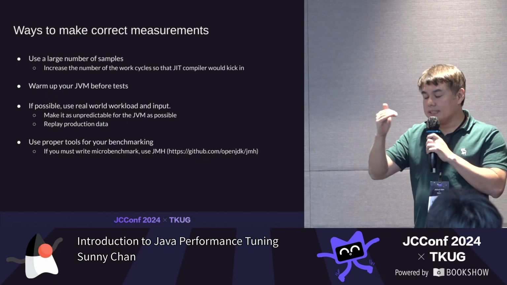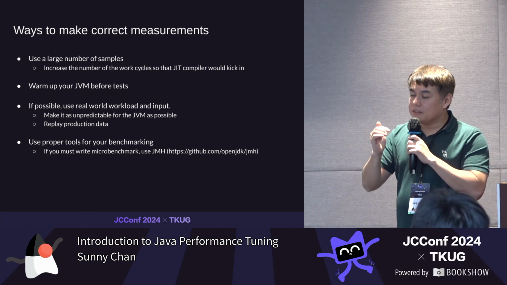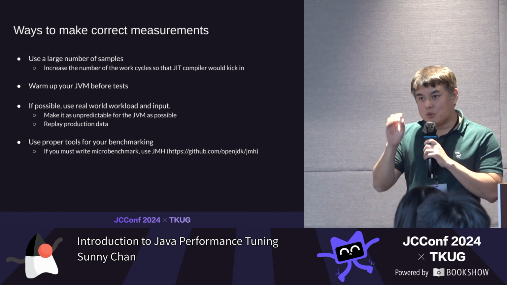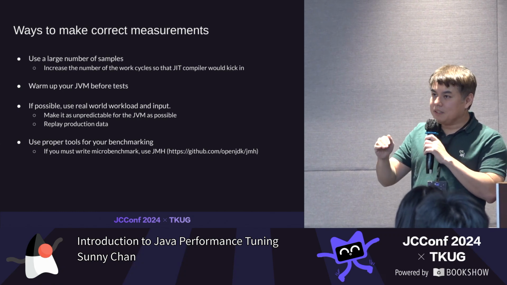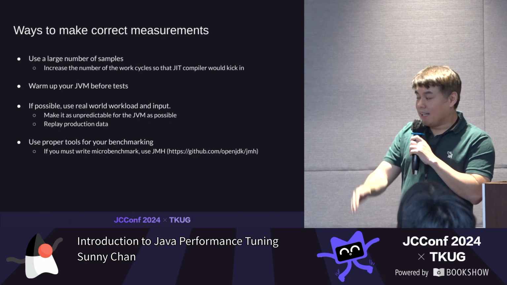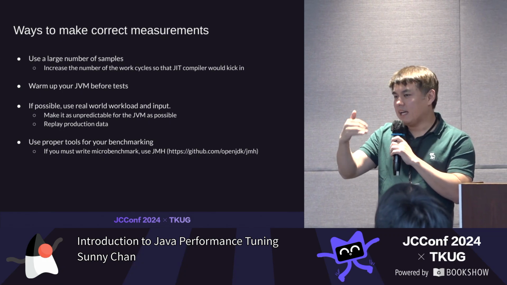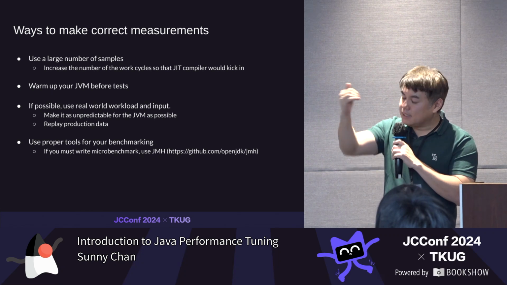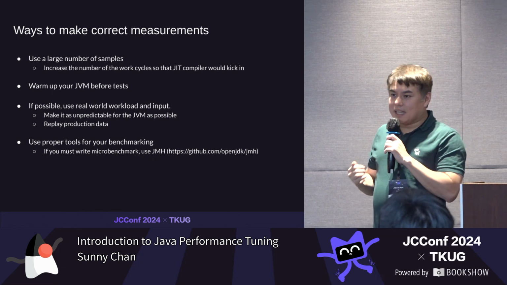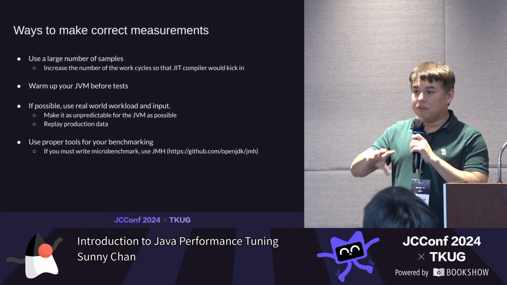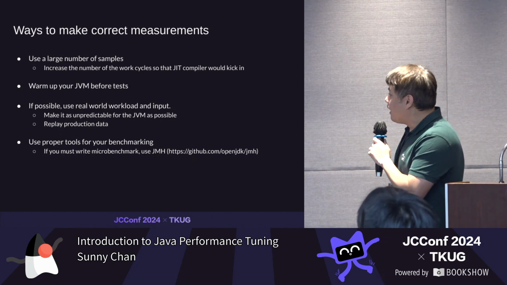And another thing to remember, because we've got the JIT compiler: when you make a request for your system, make sure that when you measure performance, you warm up your JVM. What it means is don't start measurement when you start the benchmark. Make sure you let it warm up for 100,000 or 10,000 requests, and then start measurement. Then you will get a good representation of what you see in production.